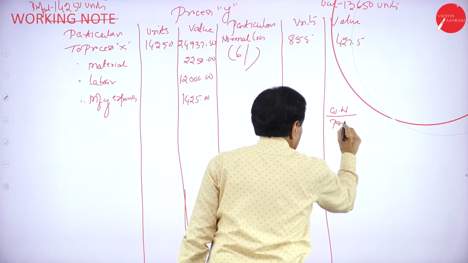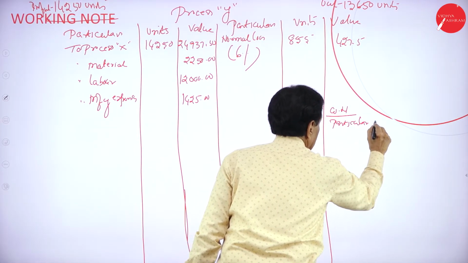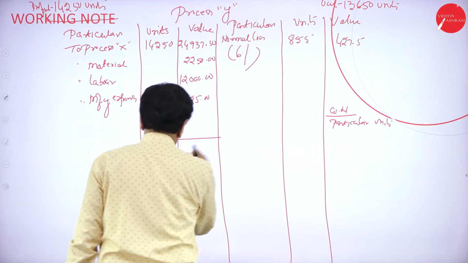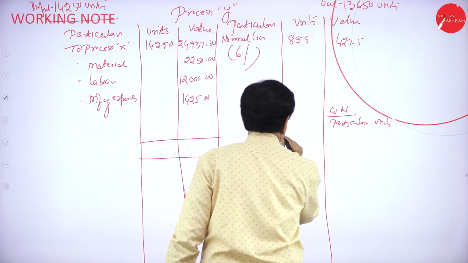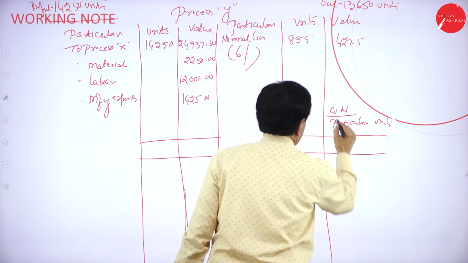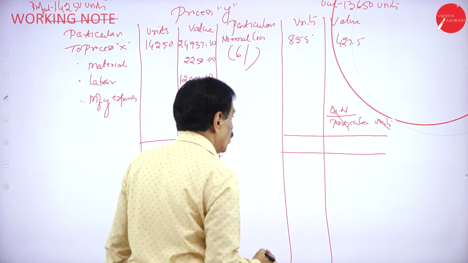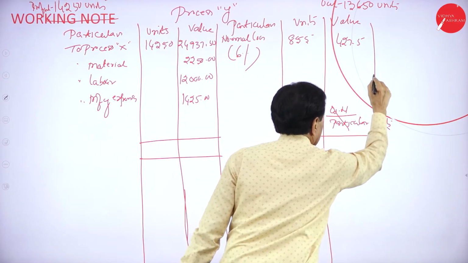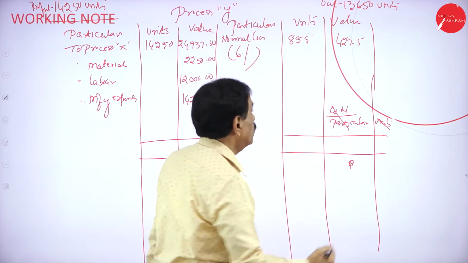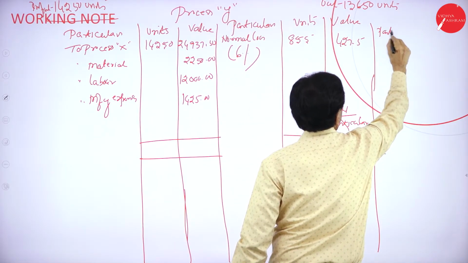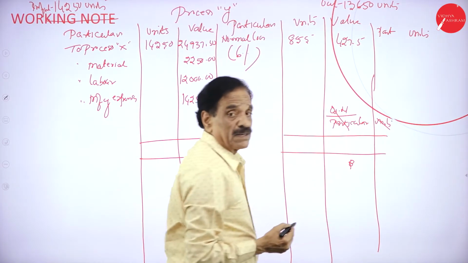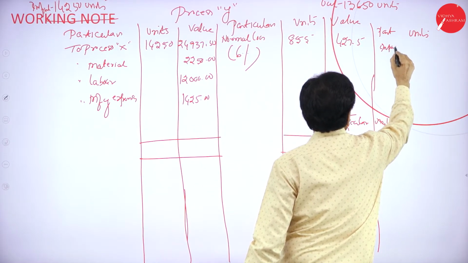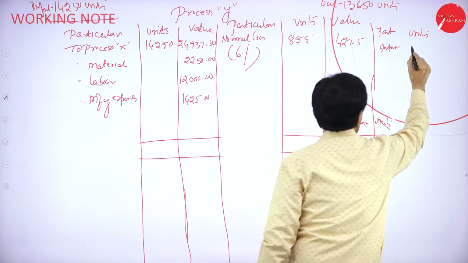Working note. Particulars, units. Input: how many units? 14,250.